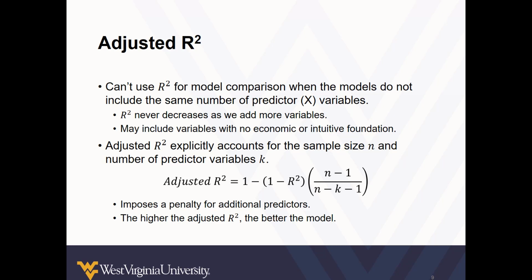The adjusted r squared, or the adjusted coefficient of determination, explicitly accounts for the sample size n and number of predictor variables k. So it imposes a penalty for additional predictors, but like with the regular coefficient of determination, the higher the adjusted r squared value, the better the model.